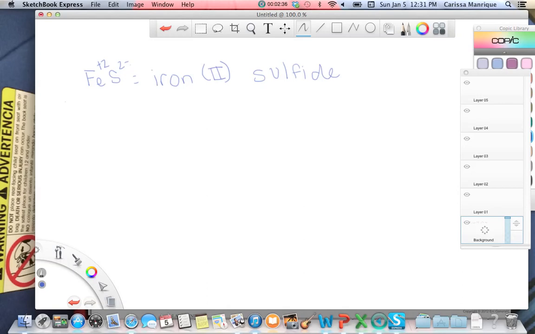So let's look at another one. Let's look at CuO. Okay, so how do I name this? So let's do the easy part first. Cu is copper. O is oxide. Remember, we need to end it in "ide."